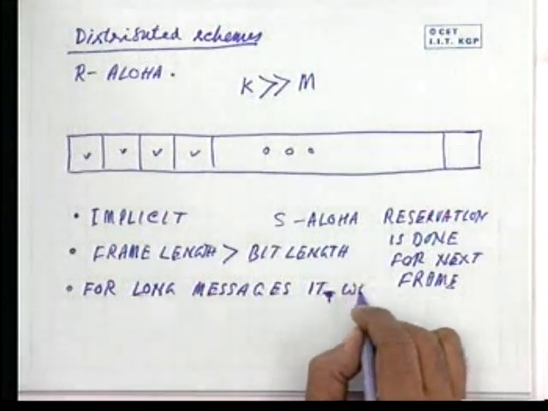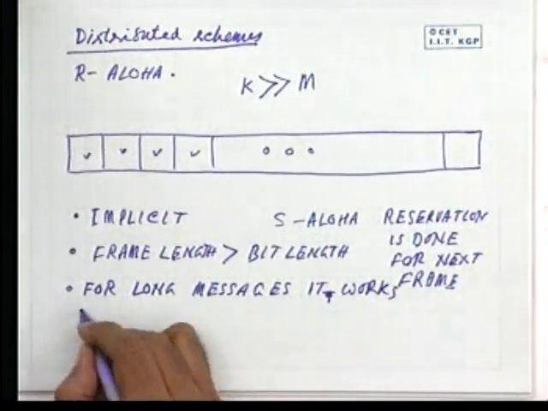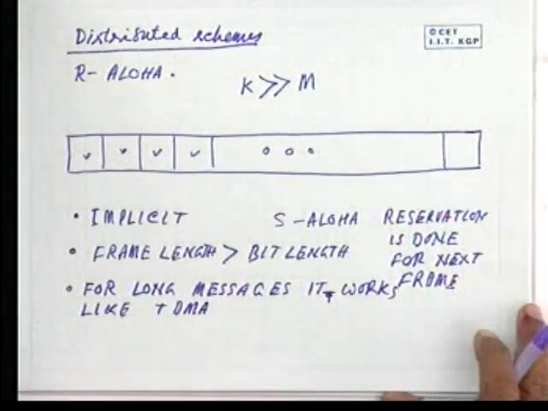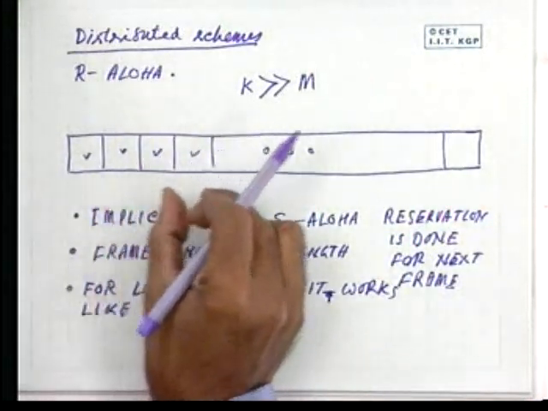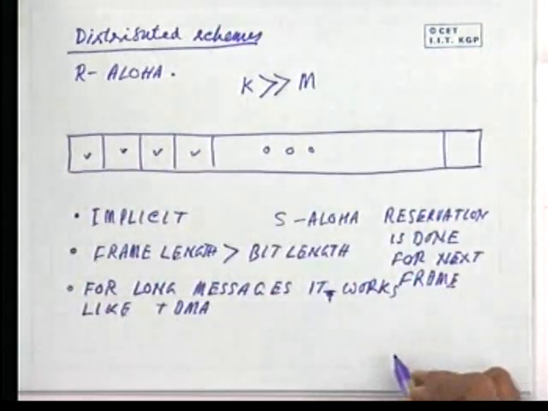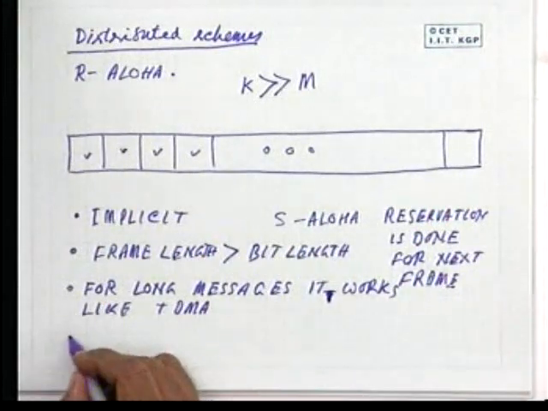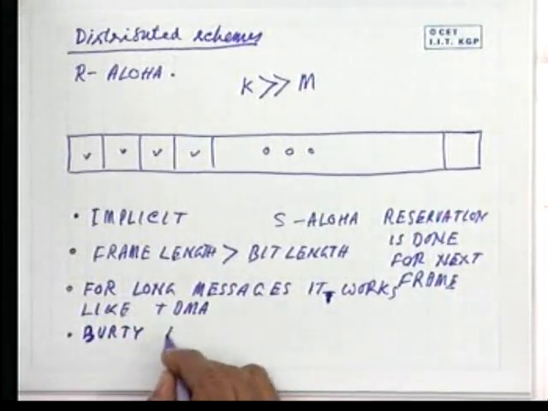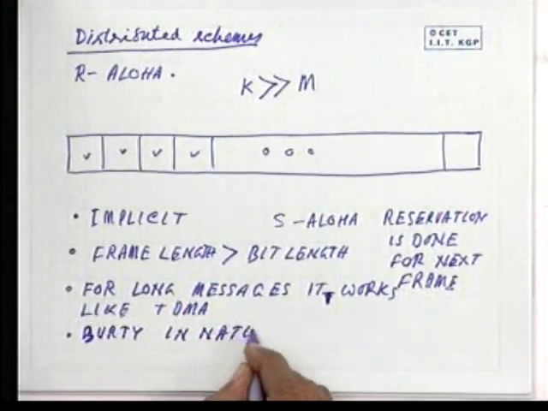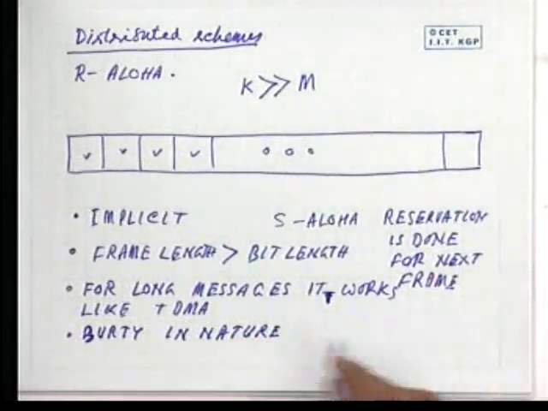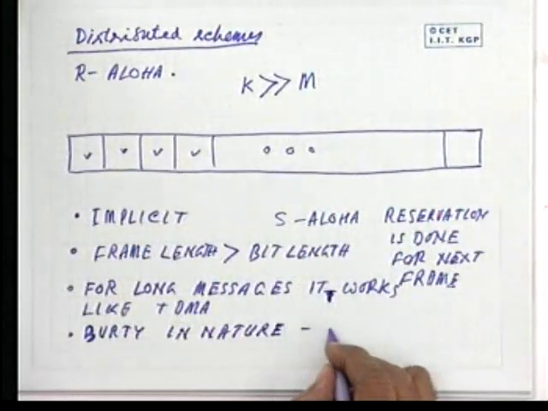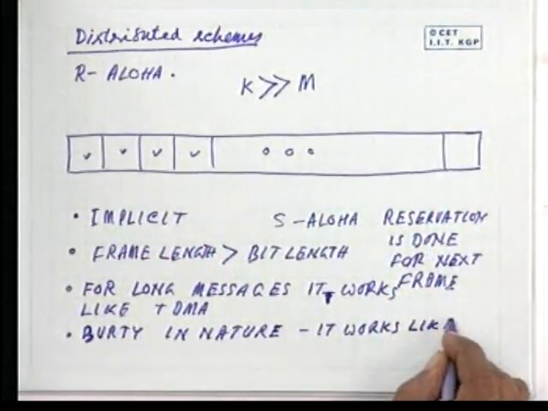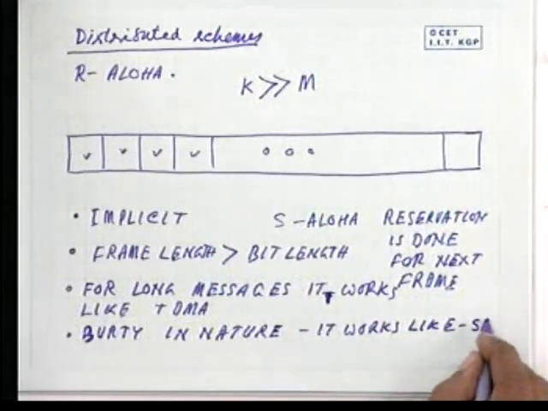So it works like time division multiple access, TDMA, because you are sending in different time slots for different stations. On the other hand, if the traffic is bursty in nature, then it works like S Aloha.